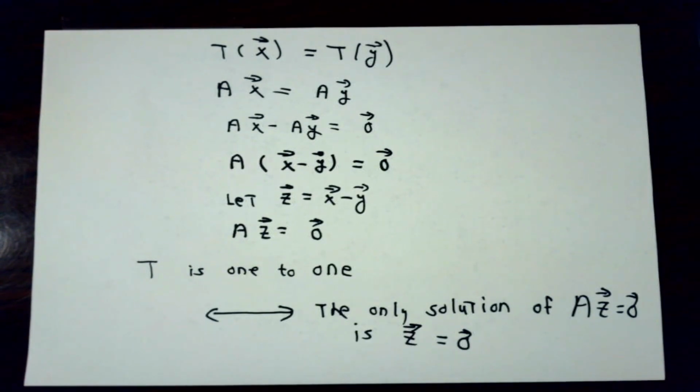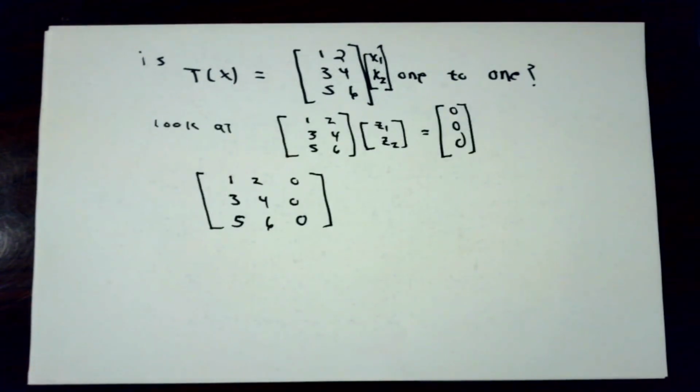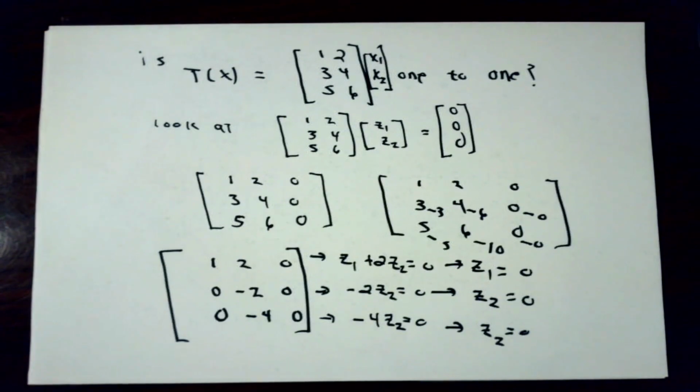As an example of this sort of thing, let's let the matrix be the 3 by 2 matrix with numbers 1, 2, 3, 4, 5, 6. I'd like to figure out if this is one-to-one or not. We've got to look at the matrix times (z1, z2) equals the 0 vector.